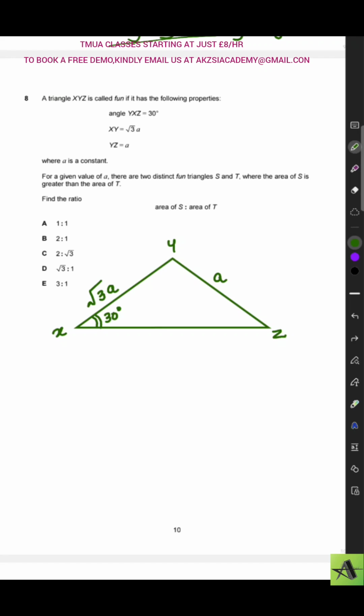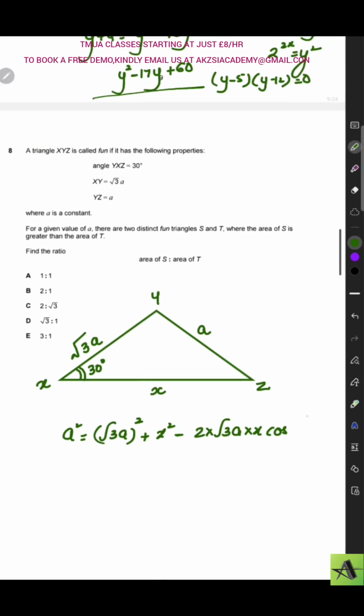So applying the cosine rule, let's say this be X. Since we are aware of this angle, I'll start with the opposite side, which is A. A squared is equal to the sum of squares of the other two sides, so root 3A squared plus X squared minus 2 times root 3A times X cos 30.